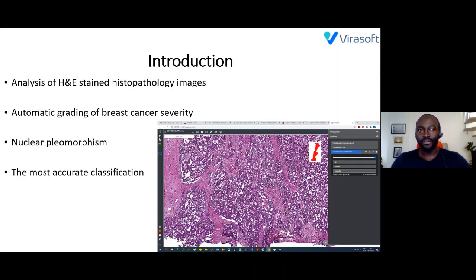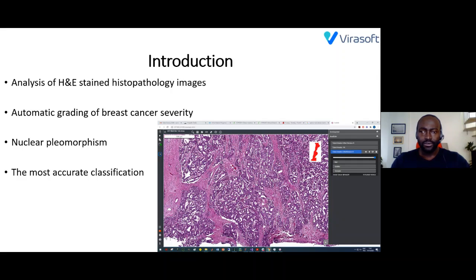This grading is called the Nottingham grading system. So the pathologist, in a traditional way, looks at this slide and he or she decides to give a grade. For example, nuclear pleomorphism grade maybe is 1, 2, or 3. In the next slide, I'll show you these grades.